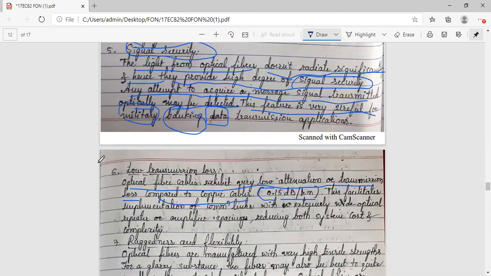Because of this, what happens? For example, if you have 2 points and there has to be a communication between these two, assume this distance is in kilometers.